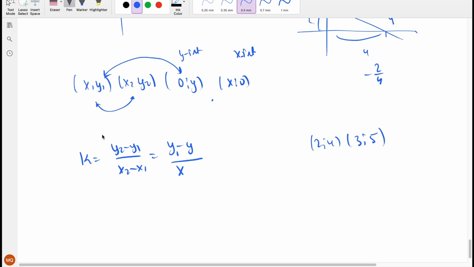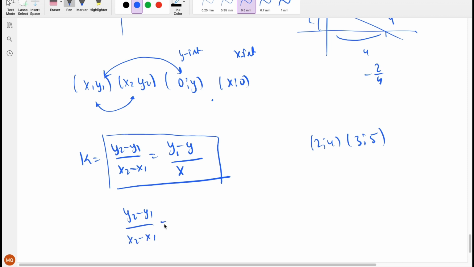Okay, this one is the formula for finding the coordinate of the y-intercept. And let's write another formula for finding the x-intercept. It will be just y1 over x1 minus x. And this is for finding the x-intercept.